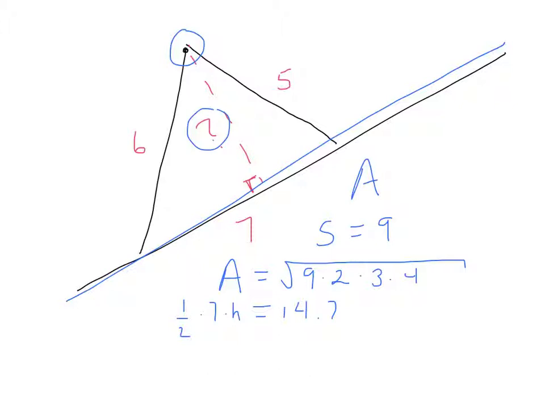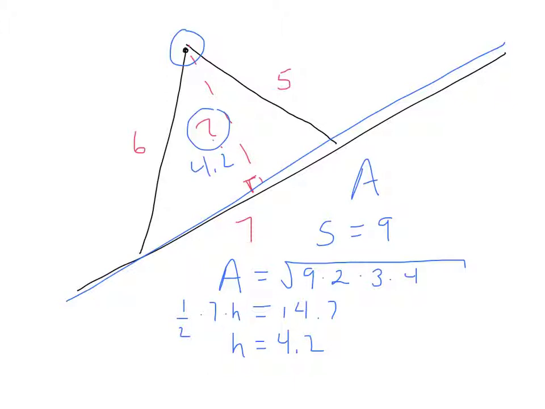So I'll take that 14.7, I'll times it by 2, and divide it by 7, and I get that the height is 4.2. So 4.2 is how far this point is from that line.